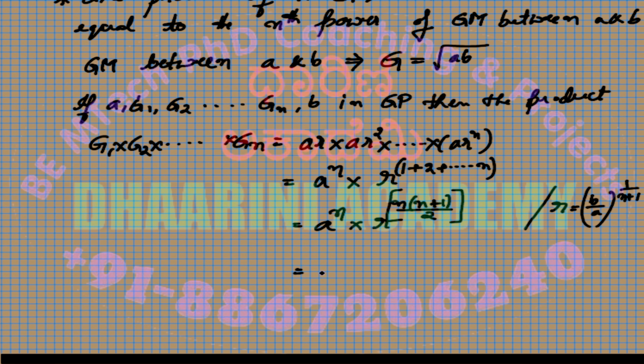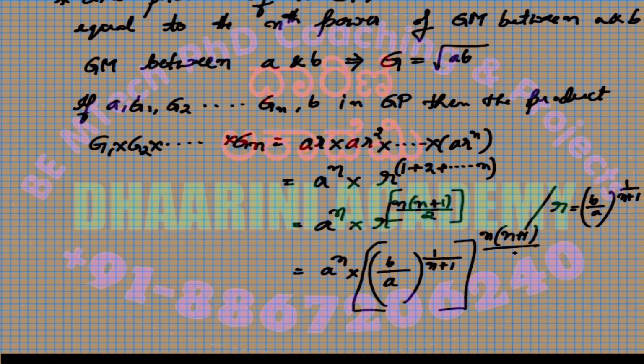So this is a to the n into (b by a) raised to the power 1 divided by n plus 1, and I have to raise this to the power n into n plus 1 divided by 2. So the n plus 1 and the denominator n plus 1 will cancel out.